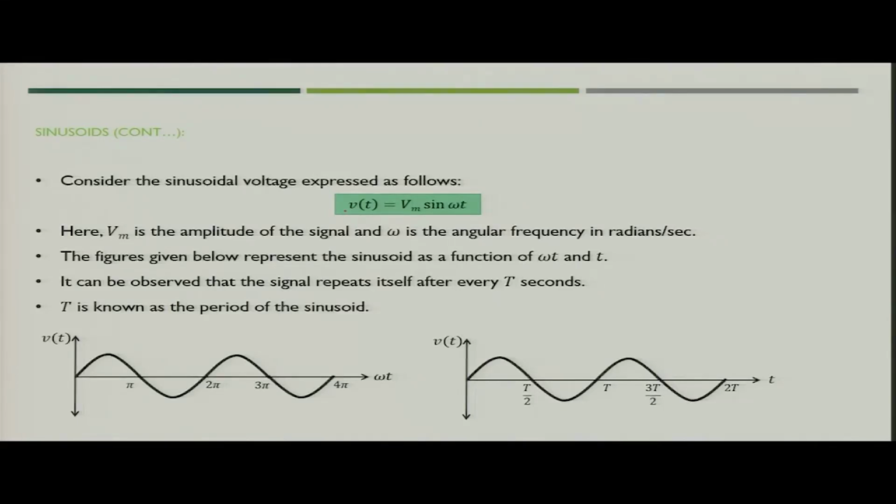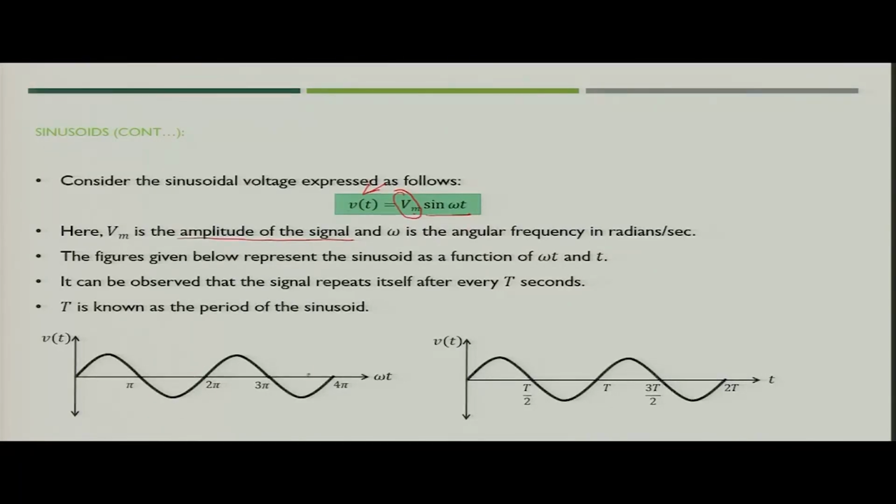We represent it as v(t) = Vm sin(omega t). Here, t is time, Vm is the amplitude of the signal, and then you have sin(omega t), which tells us that this signal varies alternatively from positive to negative, because the sine function looks like this, as shown in the figure.